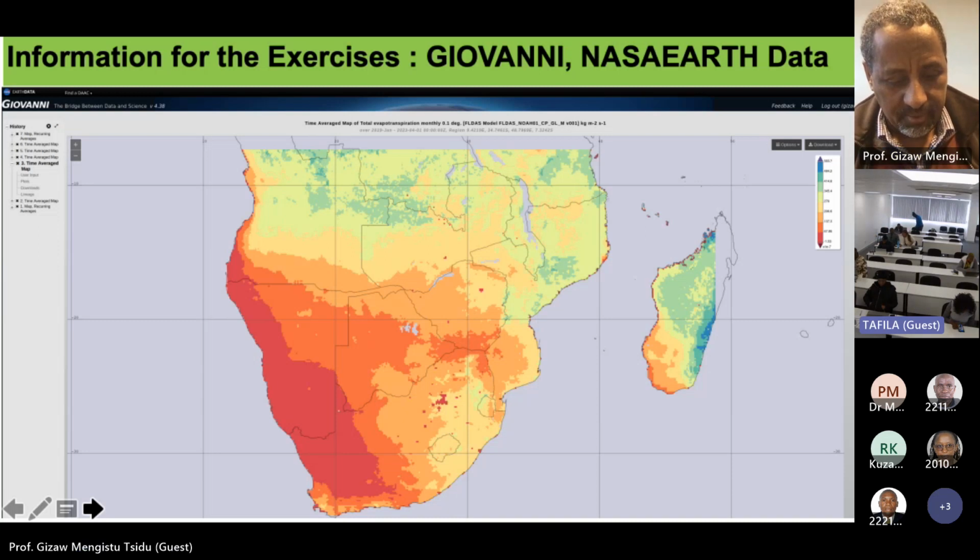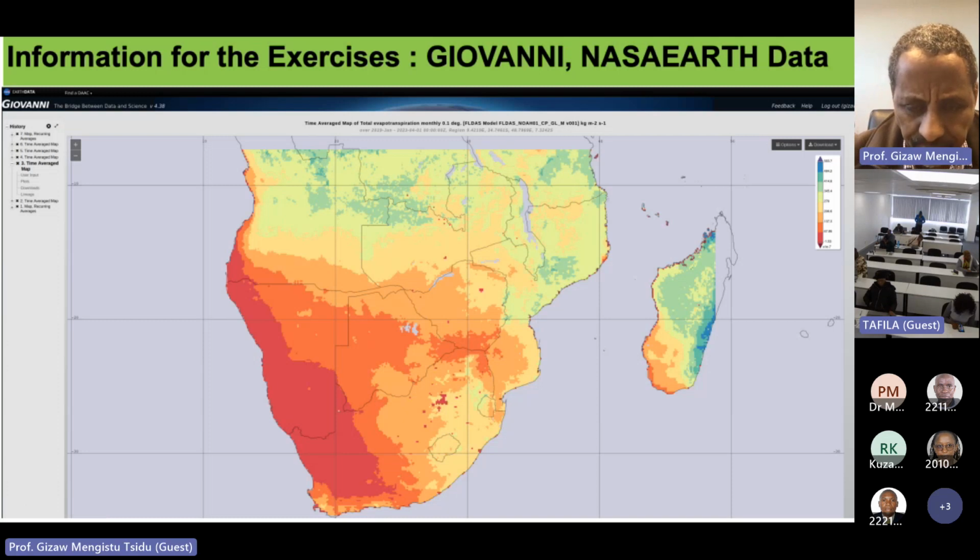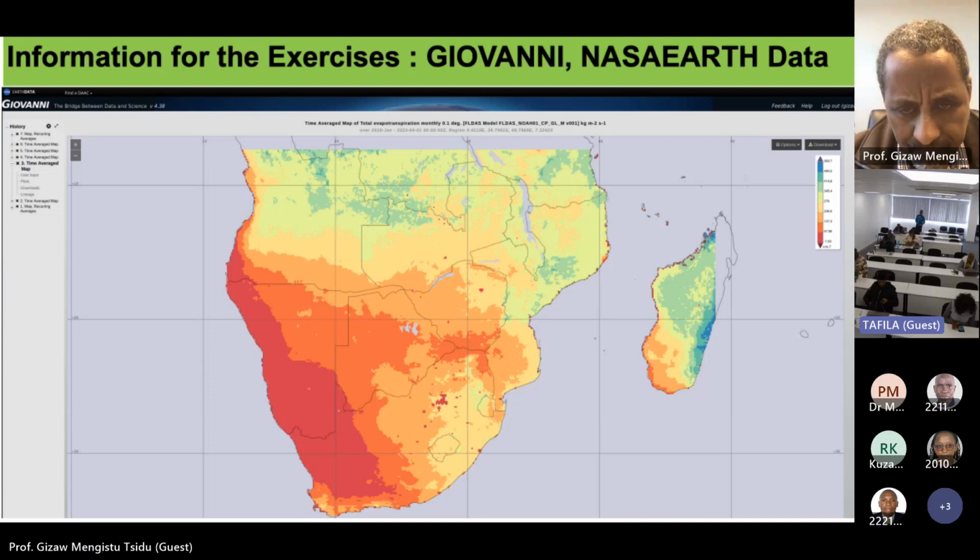Yes. Go ahead. My background is computer science, so I have come across this slide where you have information for the exercises: water availability, quality, and vegetation conditions. Under that table where you are showing product, satellite sensors, spatial resolution, under the column spatial resolution, I've seen that the measurements are represented by 3 different units.